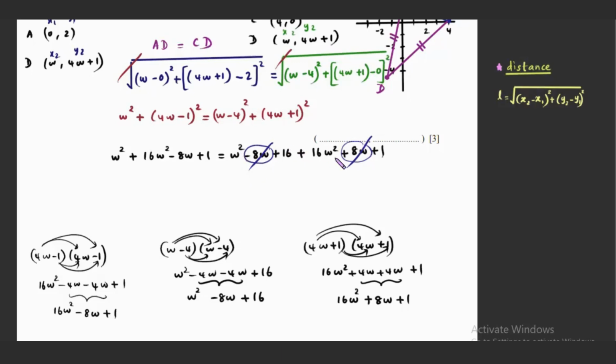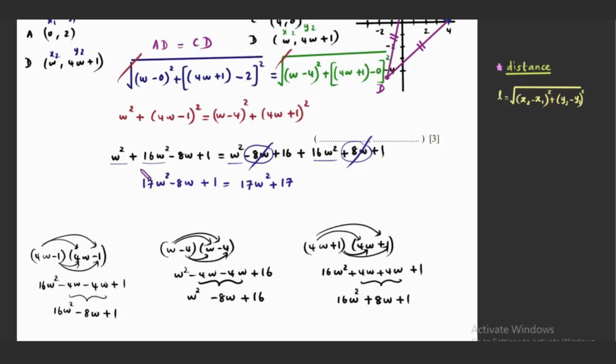Then I have w squared and 16w squared, which makes 17w squared, since 16 and 1 is 17. On the other side, w squared and 16w squared is also 17w squared. Then I have minus 8w and this plus 1, and plus 1. This is equal to 17w squared plus 17.